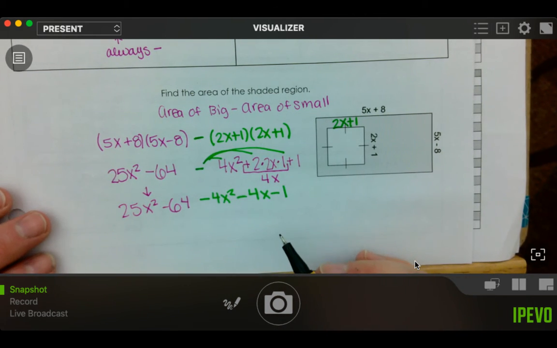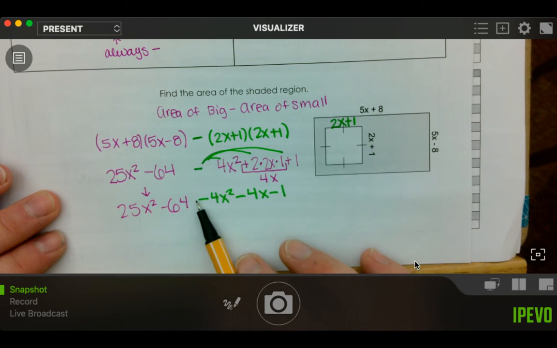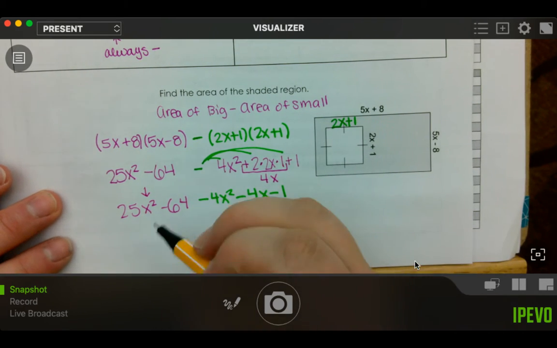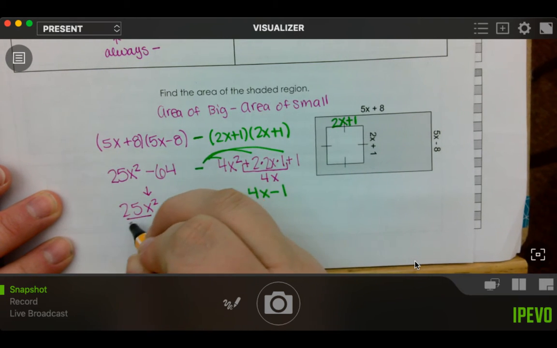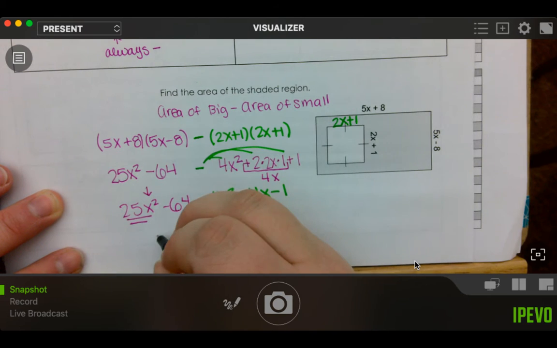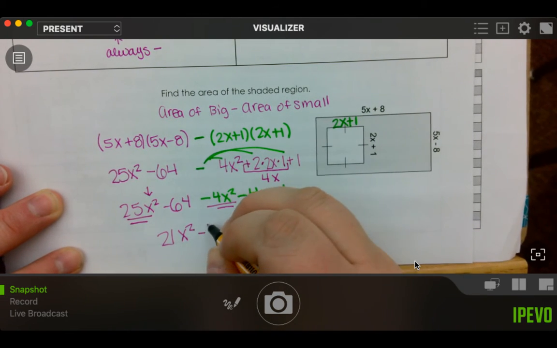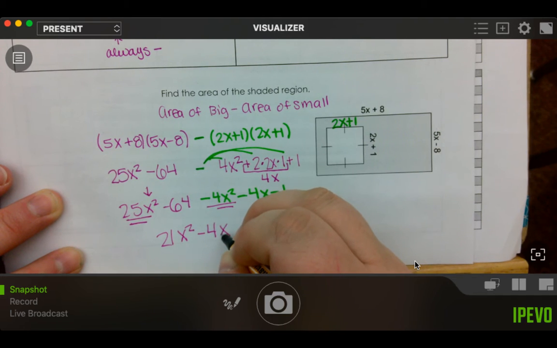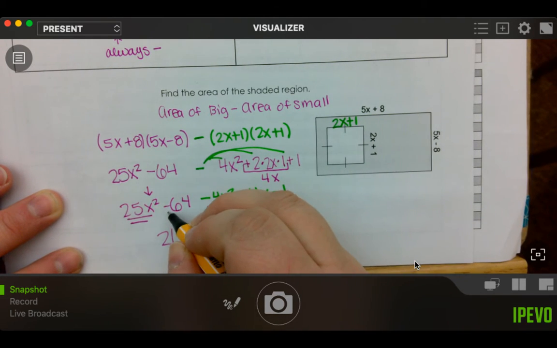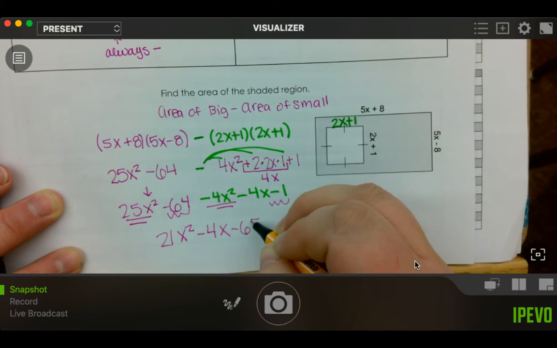Remember how in 6.1, whenever we had a minus, we distributed it to everything afterwards? That's all I'm doing here. And then I'm going to underline my x squareds. 25 minus 4 is 21x squared. Negative 4x, because there's no other x's to combine it with. And then negative 64 and negative 1 makes negative 65.